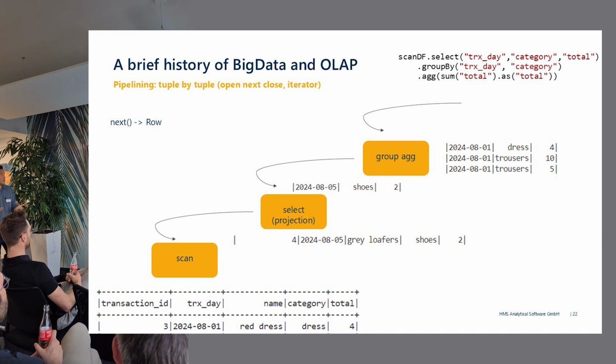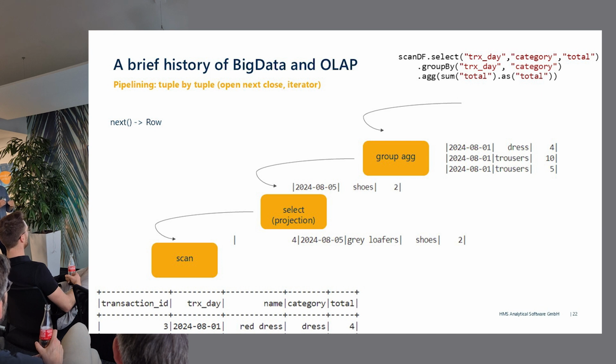It's so-called pipelining. If you write an SQL query, it's translated into a series of relational operators, and each operator fetches one tuple at a time. From the software engineering perspective, it's like an iterator concept.